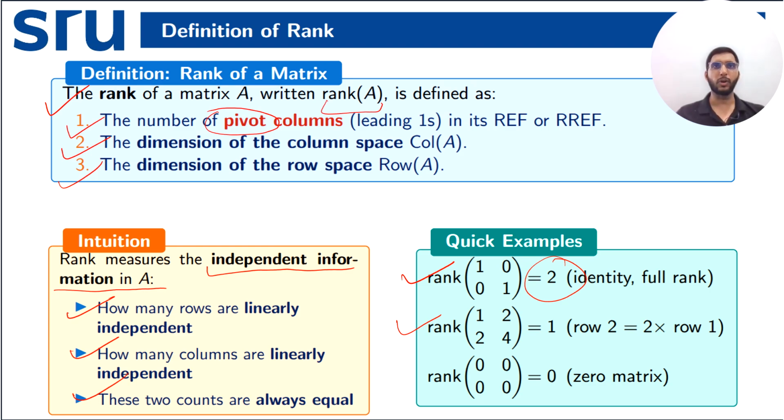So it is not independent. One row is dependent upon the other. Therefore, the rank is 1. Similarly, in the third example, all elements are 0. Basically, it is a zero matrix, so its rank is 0.